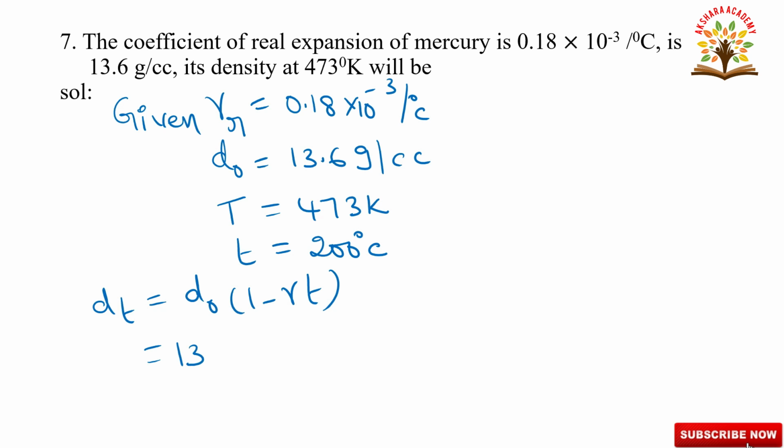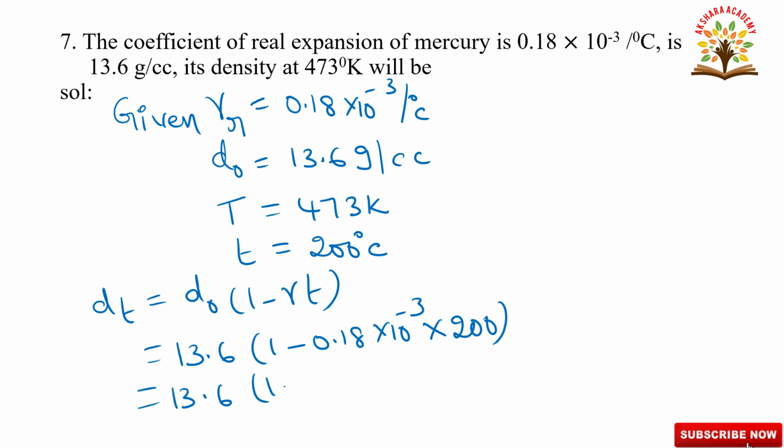Substituting all values, d naught 13.6 into (1 minus 0.18 into 10 to the power of minus 3 into 200). It becomes 13.6 of (1 minus 0.036), which is 0.964.